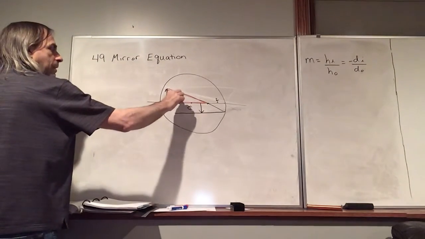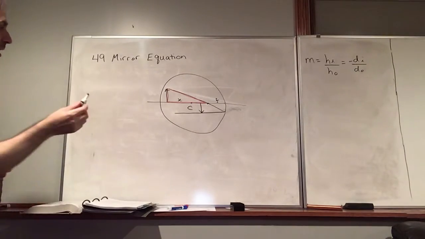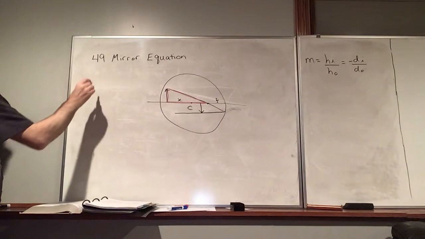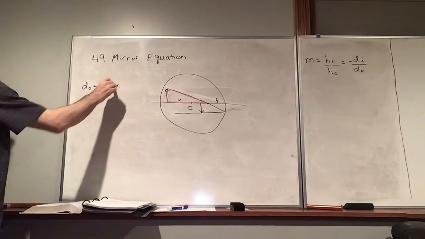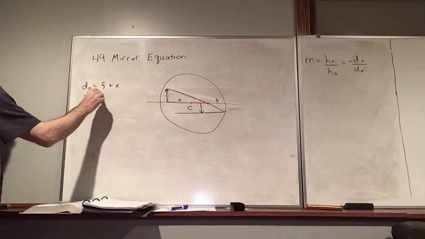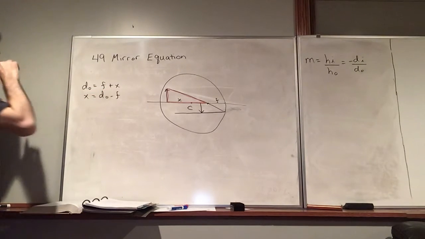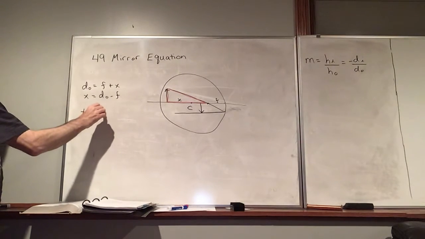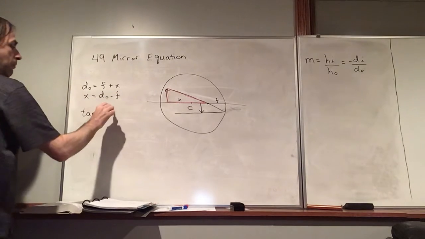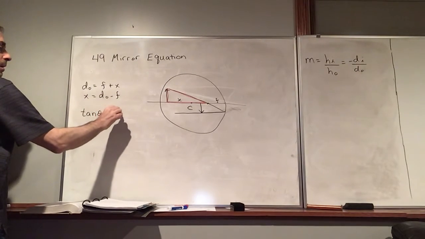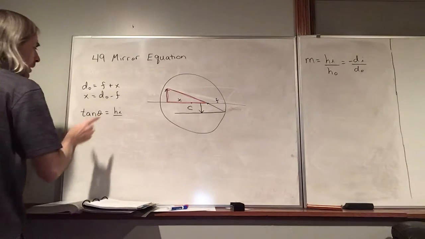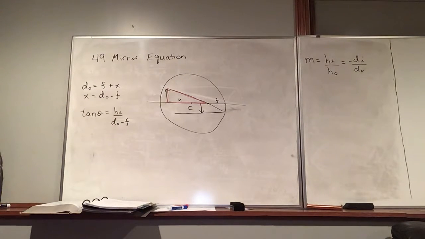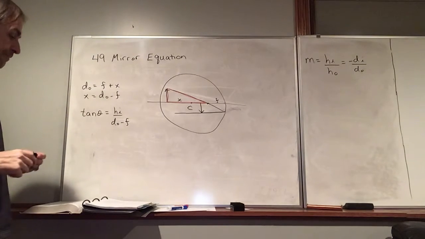Let's say that this side is x. And if we start at the mirror and go to the object, that is DO, so DO would just be F plus X. Or X is DO minus F. And so we can say tangent of theta, that's opposite, which would be HI, divided by X, which is DO minus F. So one equation there.